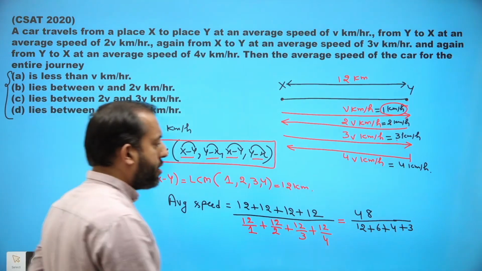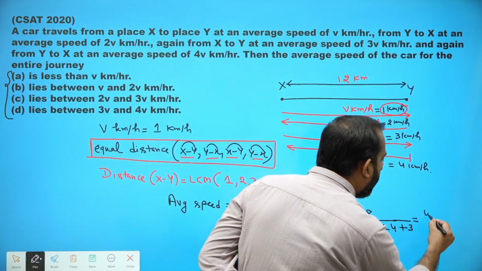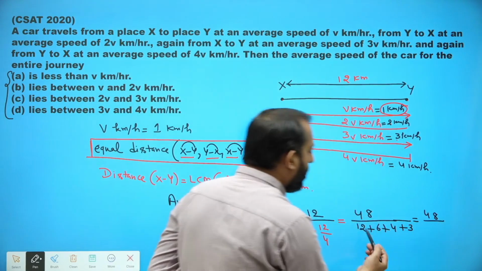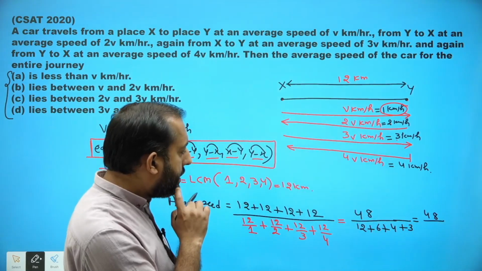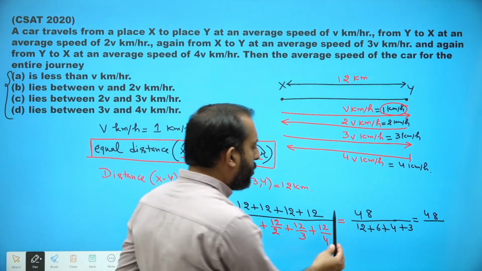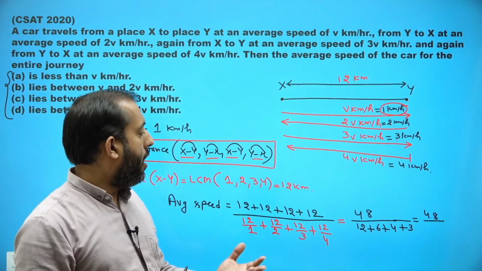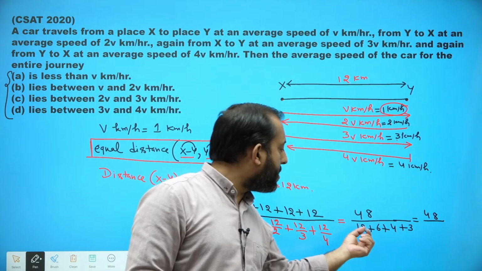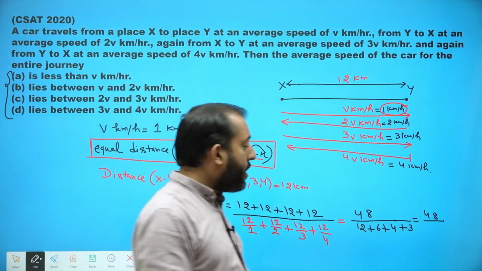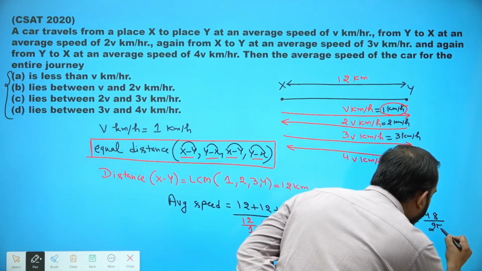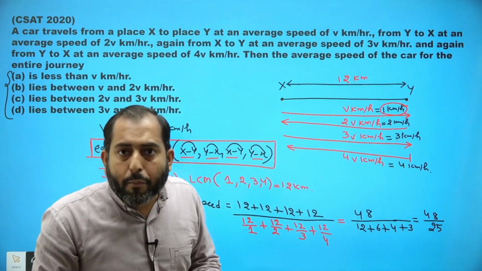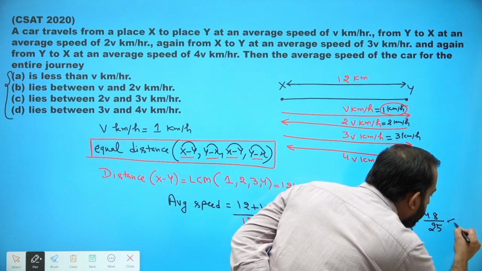If you solve this, it comes out to be equal to what? 48 upon 12 plus 6 is 18, plus 4 is 22, and 3, 25. So you can see 48 upon 25 is less than 2.